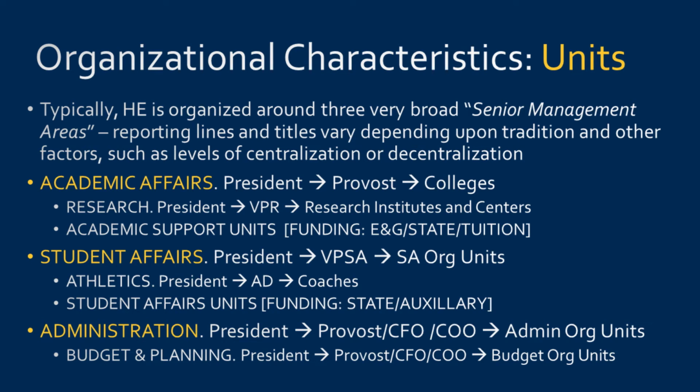Sometimes this can be things like technology. Other times you'll see technology report to academic affairs. But definitely offices such as budget and planning would fall under this administrative category. So tripartite mission: teaching, research, and service, and then three units: academic affairs, student affairs, and administration.